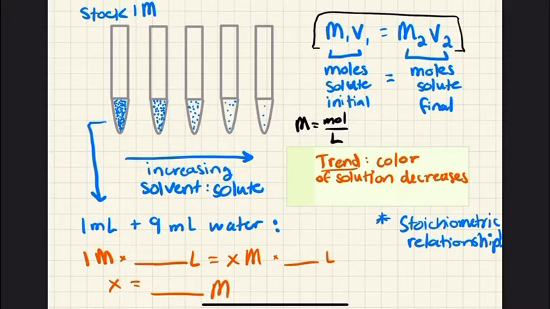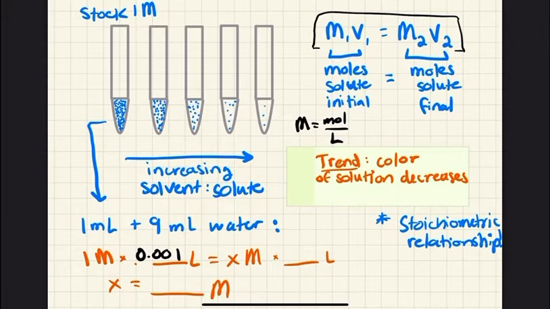But in our initial solution that we removed, that was 1 molar, we only took out 1 milliliter, which is equivalent to 0.001 liter. And I'm using the unit of liter, even though technically it doesn't matter if you use milliliters in this dilution formula, but just to be consistent with the molarity formula, having liters for units.